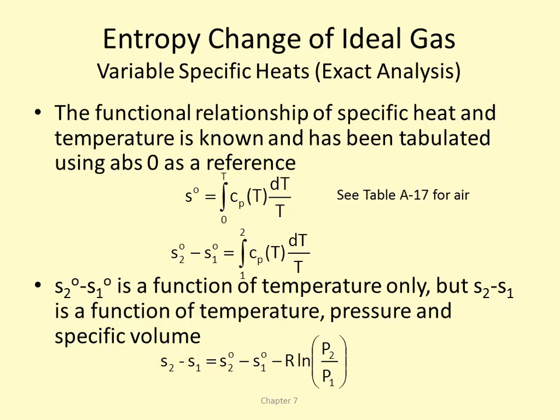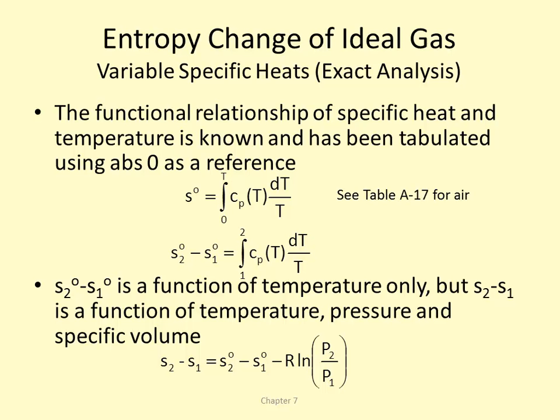So this takes into account how the specific heat varies with temperature. This function, S superscript 0, is a function of temperature only, just like enthalpy and internal energy for an ideal gas are functions of temperature only. But entropy for an ideal gas is a function of temperature and pressure. So this allows us to look in the tables, which are in terms of temperature, to determine this reference entropy.